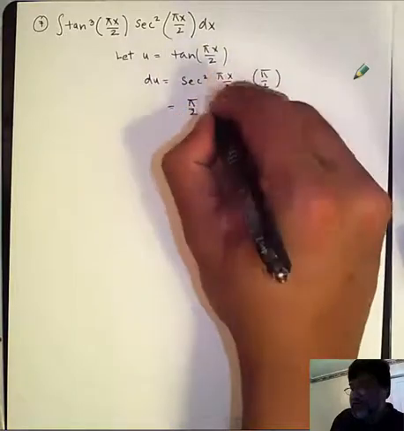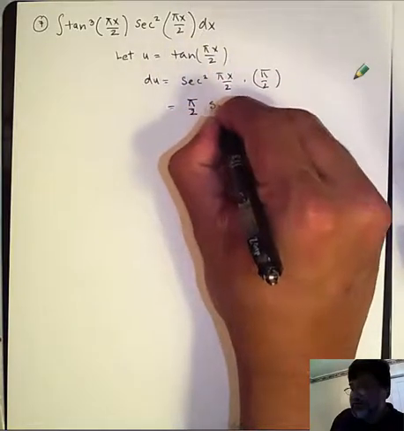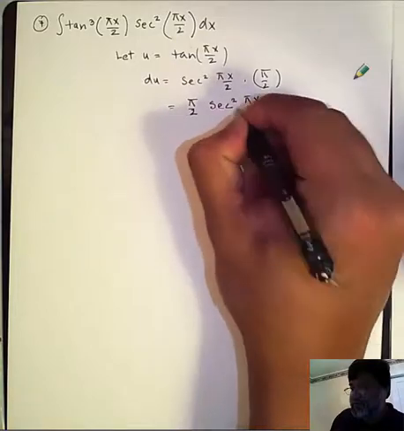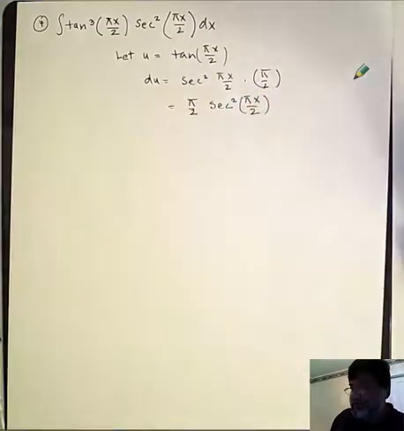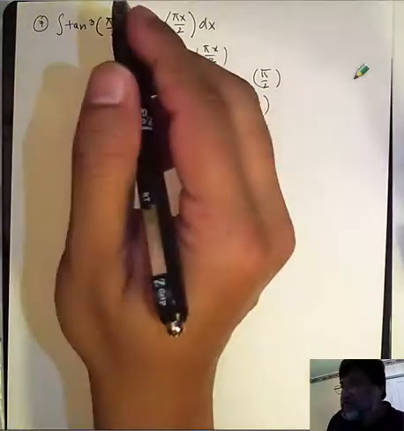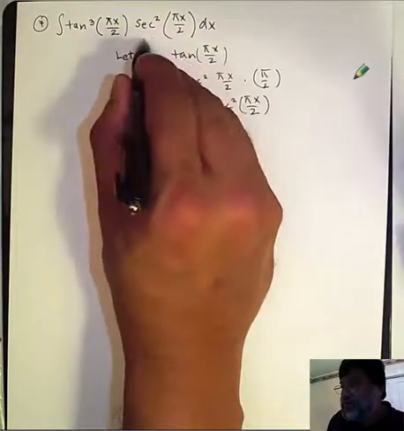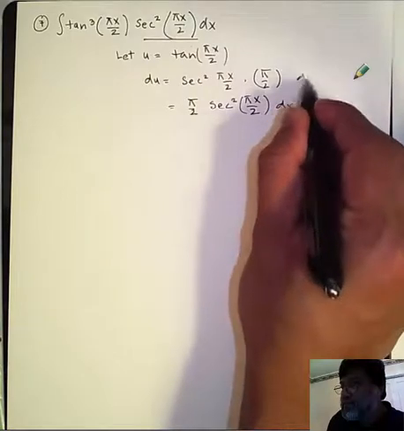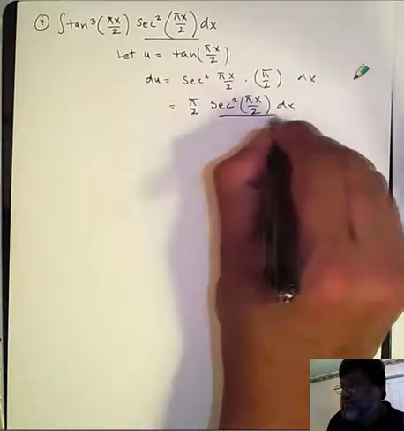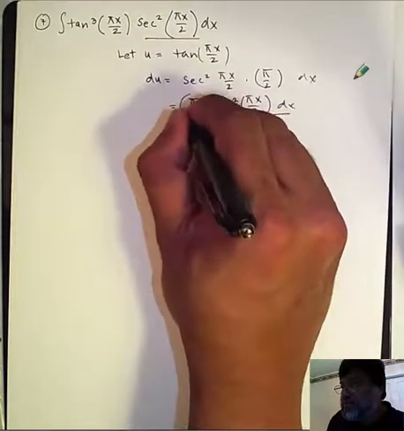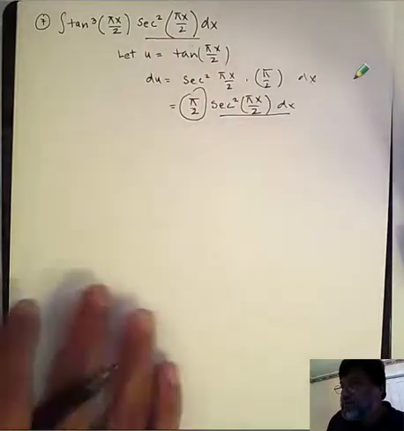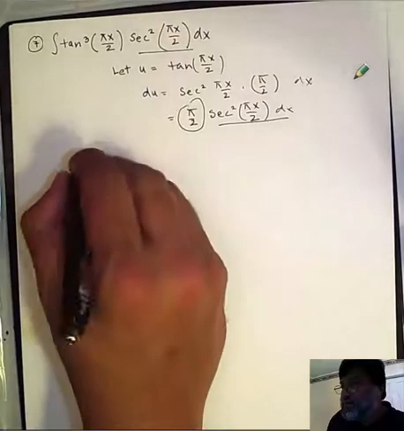So we can write it as, okay, so we look over here and we notice that sitting right there is that. The only thing that's missing is this, so we've got to bring an extra pi over 2 and take that away.